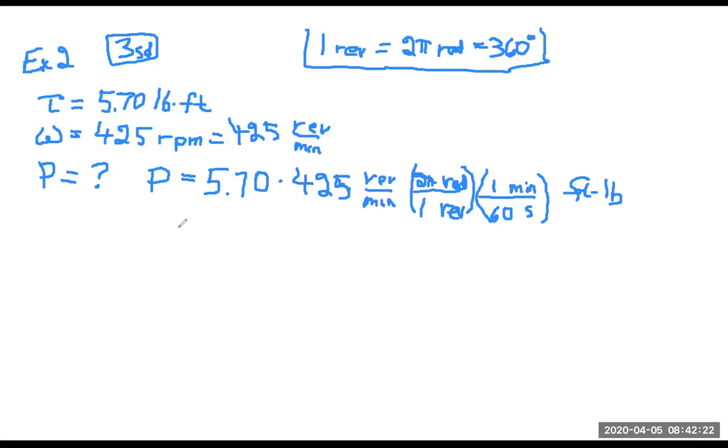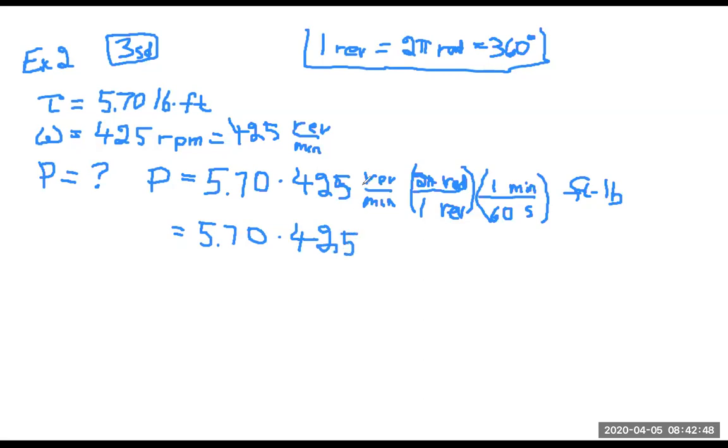Okay, so one of the things the book shows us is that for computing this, if you're given a problem that has torque in this form, pound-feet, and you have RPM, you can simplify this. You don't have to be doing all these conversions because there's a formula that has the conversions built in.